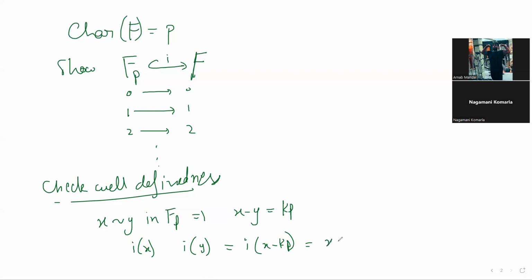You will be sending it to x minus Kp only, but in F, x minus Kp is equal to x in F, right? And this is equal to I of x. So I is well defined, so you're done. I mean, this is a very bad way to do it, but with the definition you have, this is all.